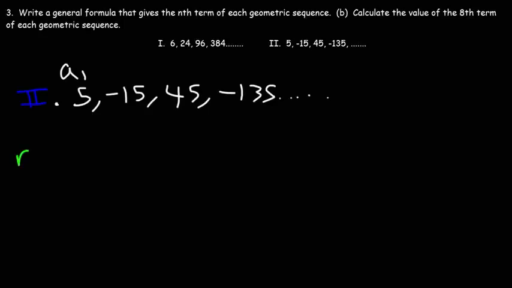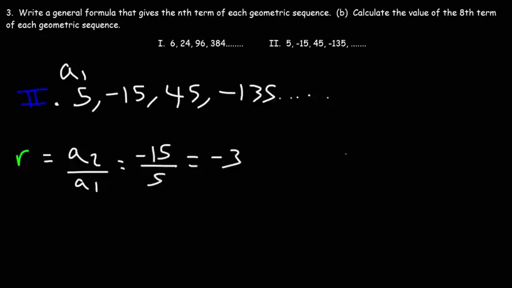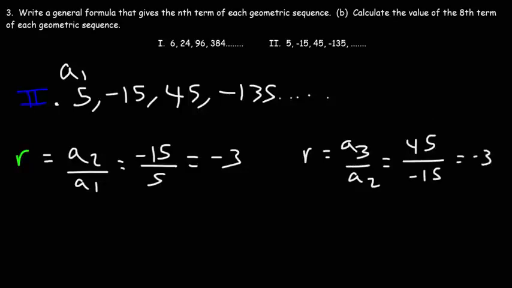The common ratio, which can be calculated by taking the second term divided by the first term, that's negative 15 divided by 5, that's negative 3. R is also equal to the third term divided by the second term, so that's 45 over negative 15, which is negative 3.